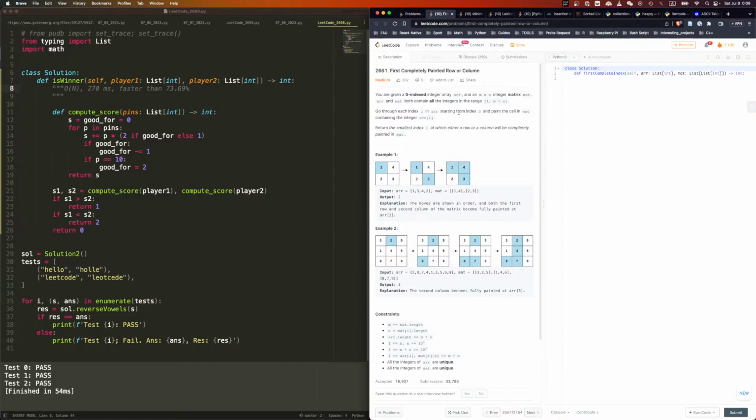Go through each index i in the array starting from 0 and paint the cell in the matrix containing the integer. Return the smallest index i at which either a row or a column will be completely painted.